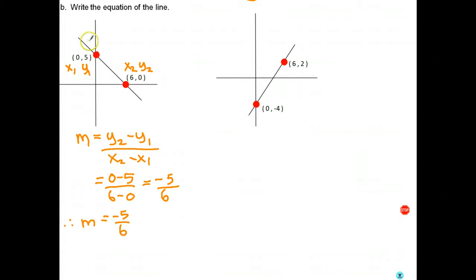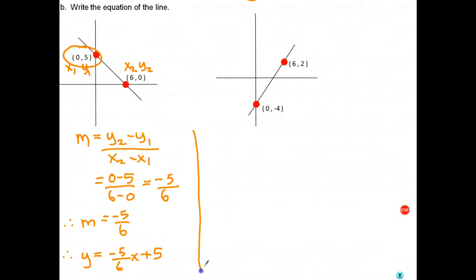Now we know what the y-intercept is because it's where it crosses the y-axis. So there's the coordinates. And therefore we know the equation: y equals the gradient, negative 5 on 6, times x, plus the y-intercept, so plus 5. And there's the equation of that line.